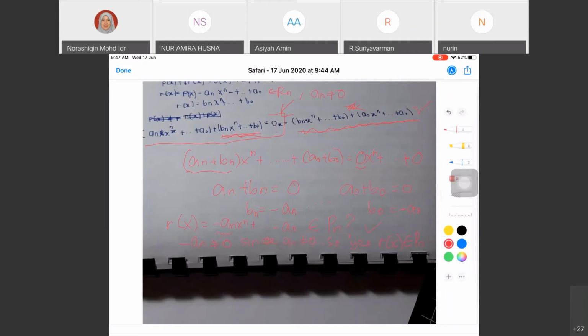Or we can say, yes, the identity of P(x) exists. That is R(x).